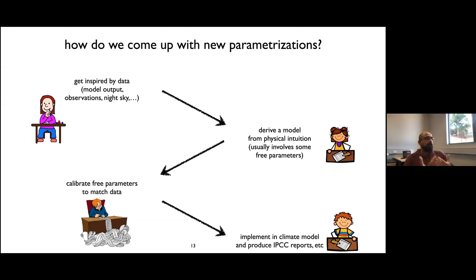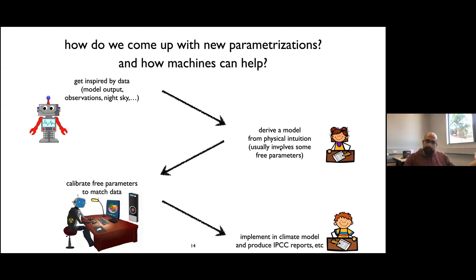So in the era of machine learning and with increasingly high computational capabilities, machine learning can come into the left two parts. Instead of us looking at the night sky, or people looking at model output and trying to figure out the patterns, machine learning can do that for us, and algorithms can go through all the available data and figure out the patterns. Then we can somehow infer from those patterns new dynamical laws that could best describe them.